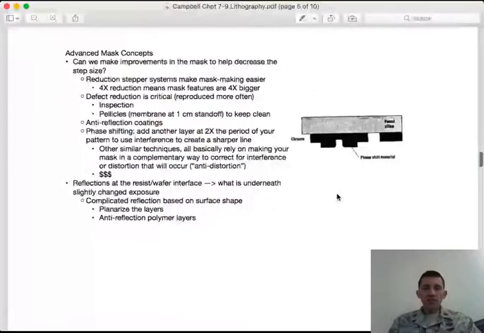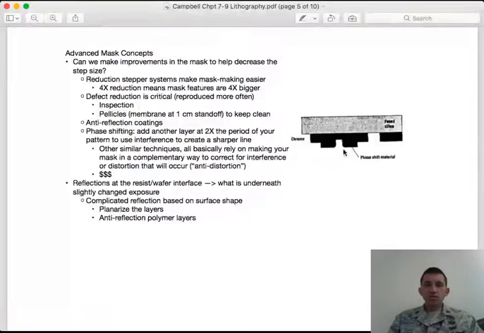So on the mask, if I add in additional material at a period that is twice my pattern, then I will get interference due to this additional phase shift material. And it will actually interfere destructively at the interface of the transmissive and the opaque region, right? And that destructive interference actually creates a sharper line.